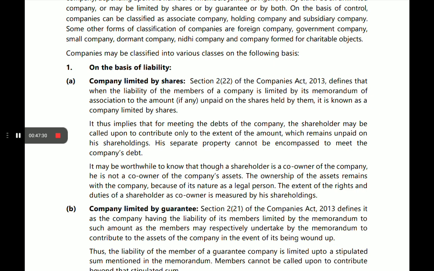He is not a co-owner of the company's assets. The ownership of the assets remains with the company because of its nature as a legal person. The extent of the rights and duties of a shareholder as co-owner is measured by his shareholdings.